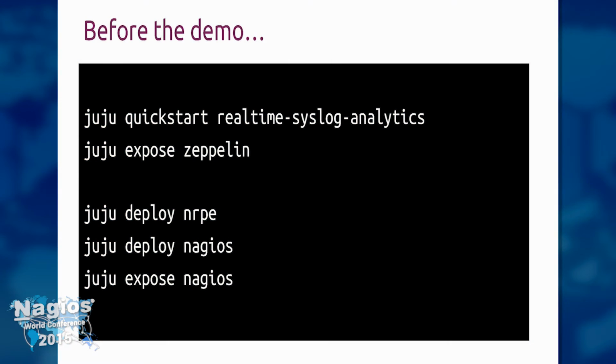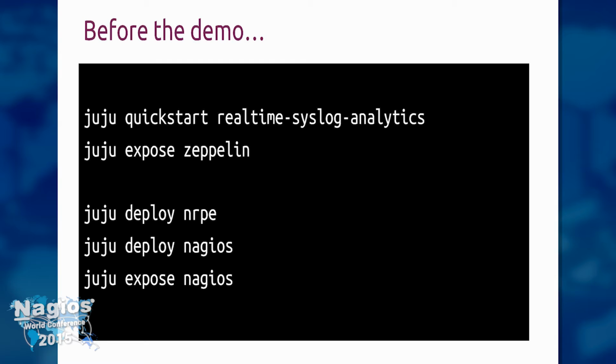The next slide here. This is just for full disclosure. This is what I did before the demo. Juju has a notion of deploying all those 10 charms. It was all in what we call a bundle, and I'll talk about that in a minute. But that is all deployable in one single step: Juju Quick Start, and the name of this bundle is Real-Time Syslog Analytics.